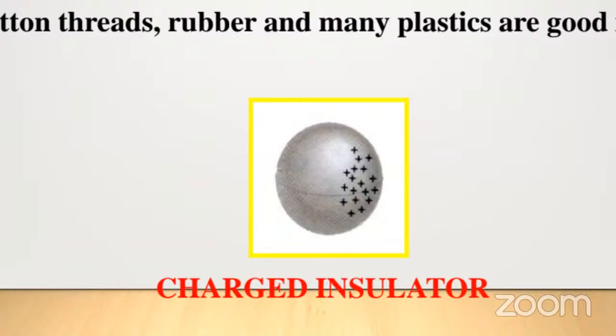So what is the difference between conductors and insulators? The materials through which charge passes are called conductors; the materials through which charge does not pass are called insulators.